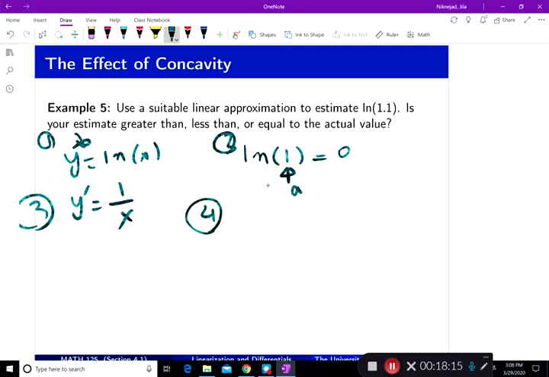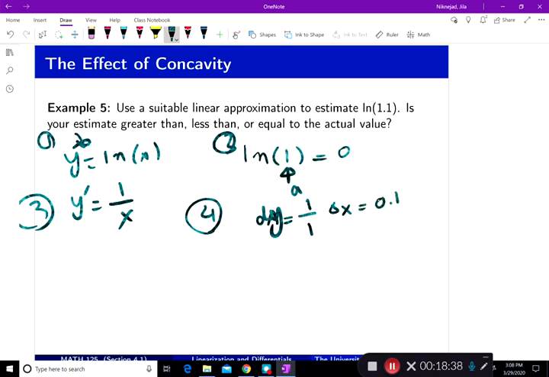So the change dy is equal to 1 over 1 times delta x. What is delta x? Delta x is 0.1.